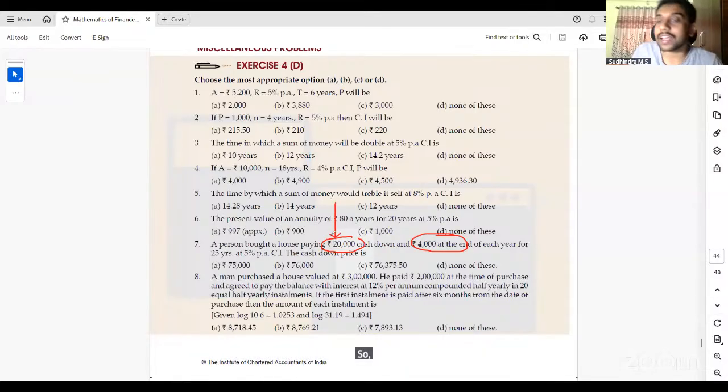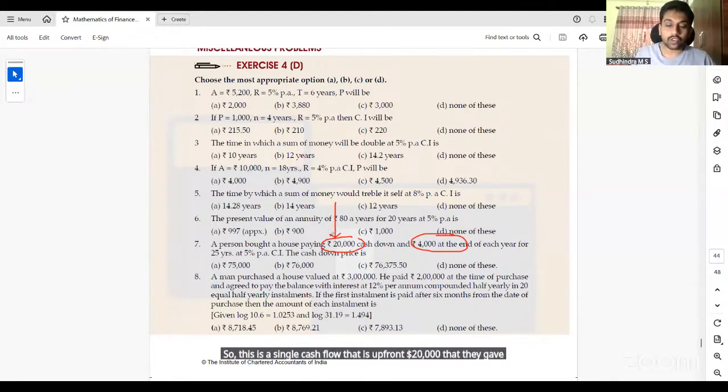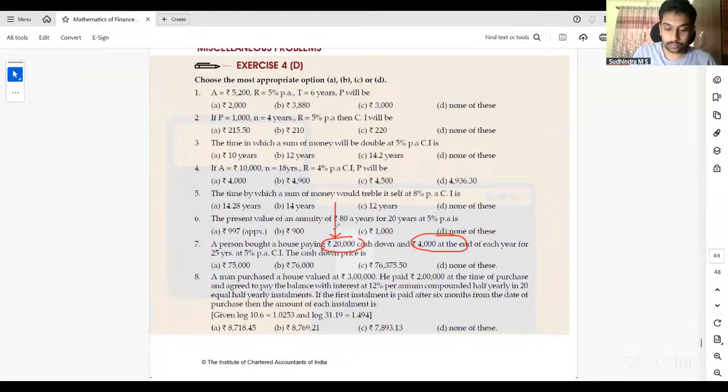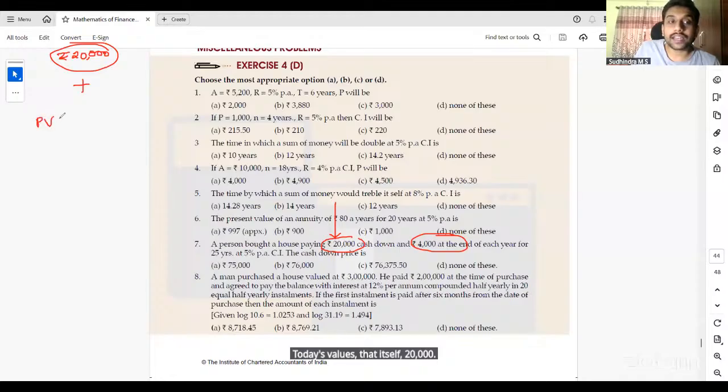So this is a single cash flow, that is the upfront 20,000 that they gave as down payment. What is the present value of that 20,000? Today's value is that itself, 20,000. Now I have to calculate the present value of annuity, regular or due?